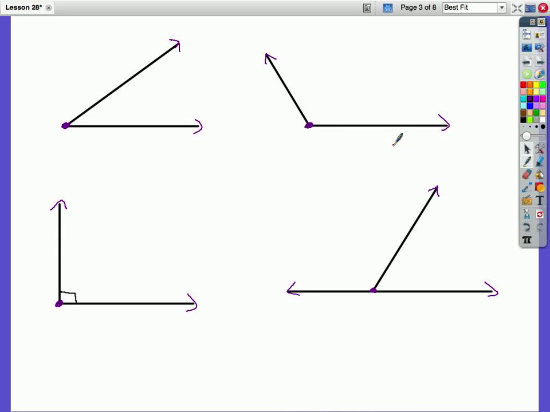This first angle in the top left, it's called an acute angle. It is less than 90 degrees. A good way to remember that it's acute is it's acute and little. Acute and little angle is going to be acute. The one on the top right is going to be obtuse. Okay? It's greater than 90 degrees.